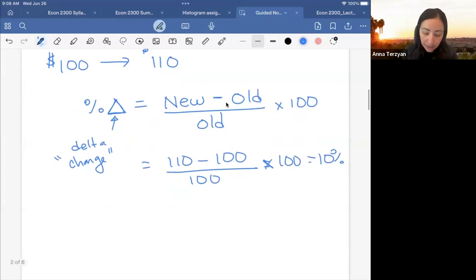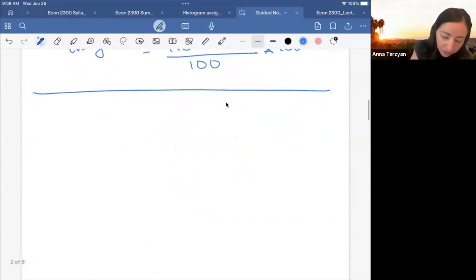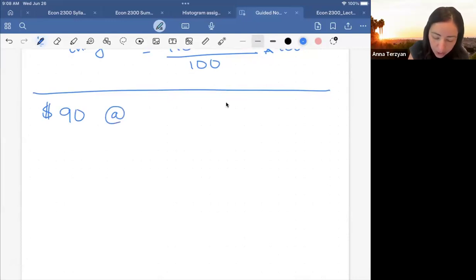Now, this is kind of a procedure, but there's a way to do this that's fairly quick. Let's do this now so that you get an idea of how it works. Let's say you deposited $90, and the bank says it's going to grow at a rate of 20% in 1 year.